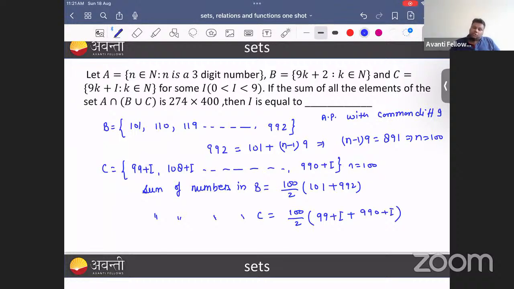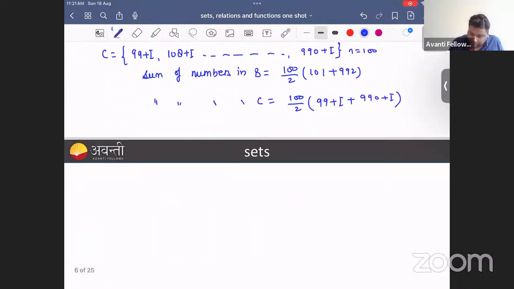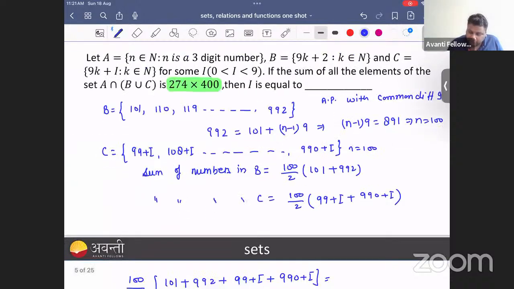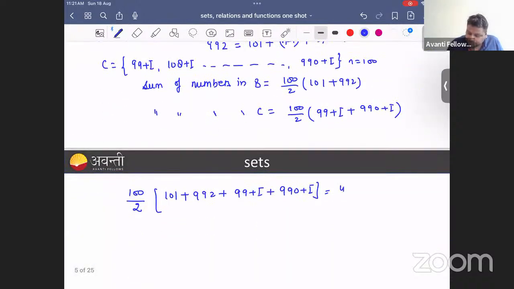They are saying this total sum is equal to 274 into 400. So 100 by 2, this will be 101 plus 992 plus 99 plus I plus 990 plus I. It should be what? 400 into 274.